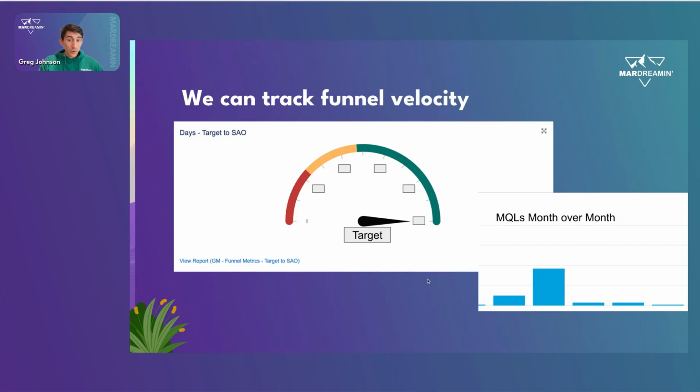I can also track funnel velocity, which again, I couldn't do before because as a target, the individual was a lead. As a sales accepted opportunity, they were a contact. So again, I had to do that in two different reports, and now I have one single view.